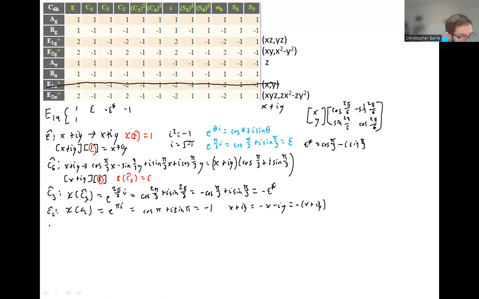Let's keep going. So our next one is C3 2 times. So the character of that, chi of that, is going to be e to the 4 pi over 3 times i. It's cosine 4 pi over 3 plus i sine 4 pi over 3.